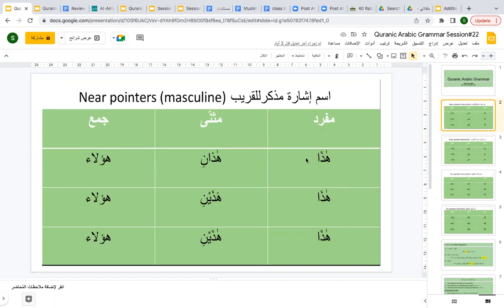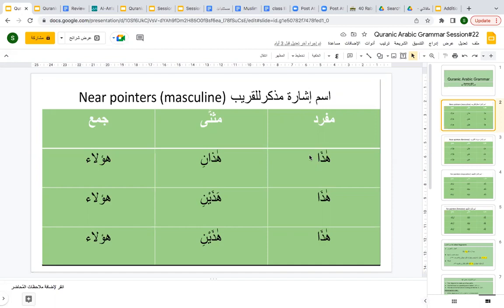Barakallahu feek. Now let me know, my dear sisters. I see Sister Sabra's hand raised as well, and I will give her a chance to do the feminine chart. But before we go to the feminine table, let me ask you a question. What do you think about this word haza in terms of flexibility? It looks the same in all three forms, non-flexible.